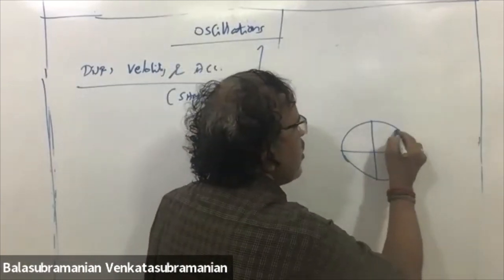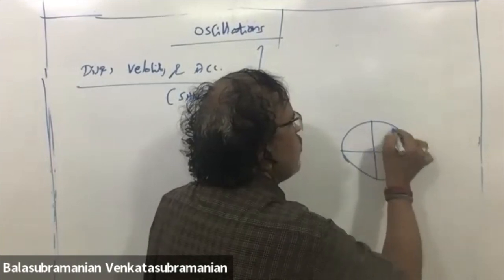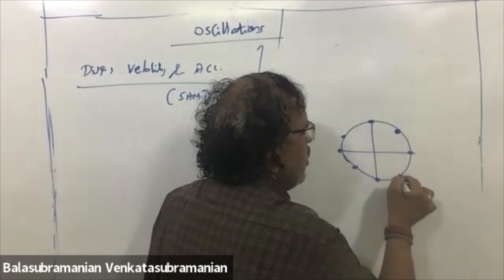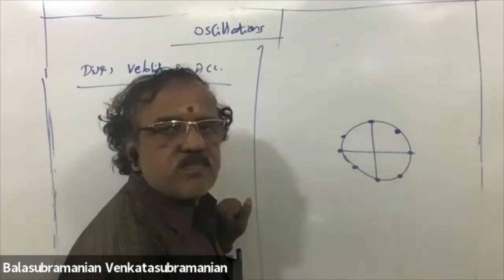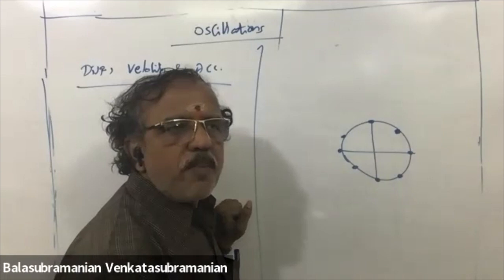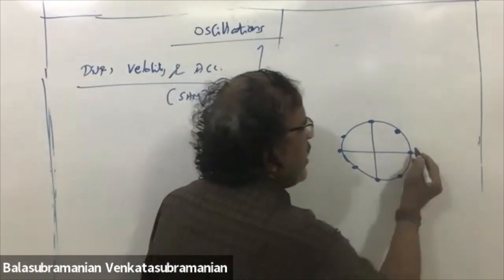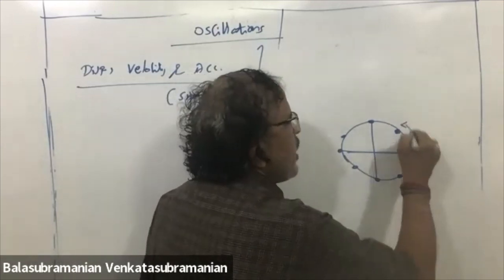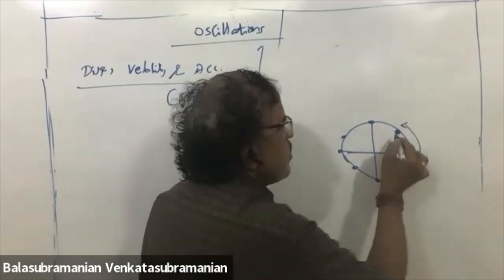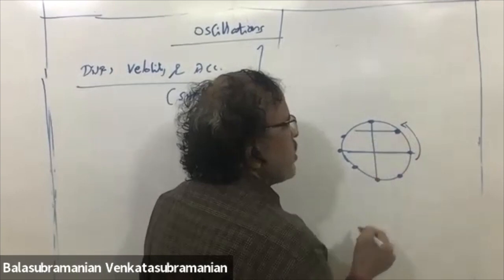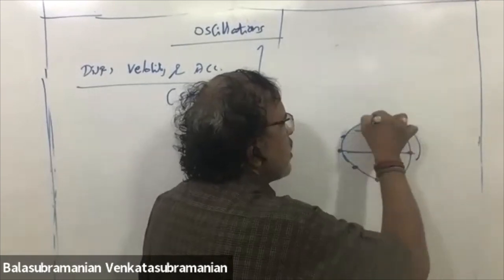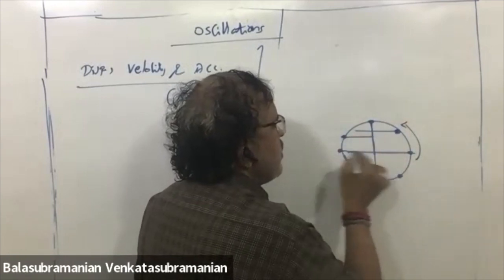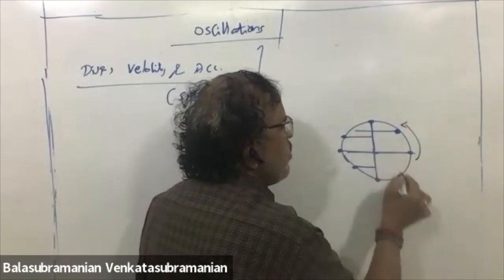Here it is starting. 1, 2, 3, 4, 5, 6, 7, 8 positions we will take. You drop a perpendicular. Here it is starting, drop a perpendicular. It is moving in anti-clockwise direction. Here, perpendicular. Here, perpendicular. Here, perpendicular. Everywhere you put a perpendicular.